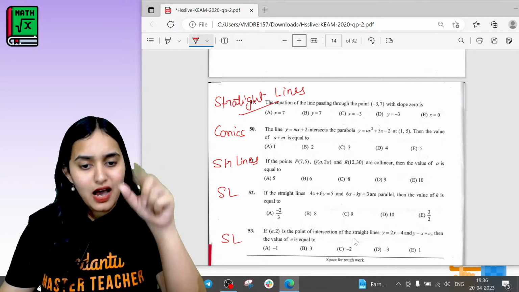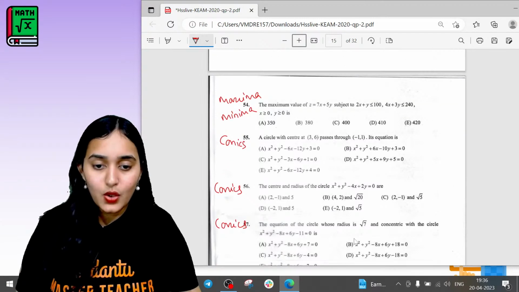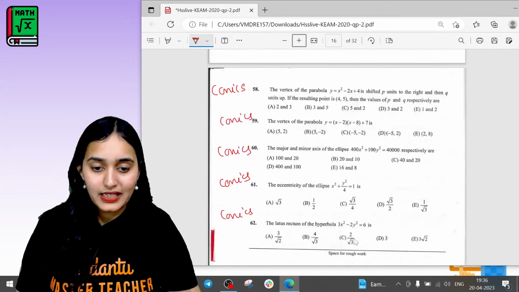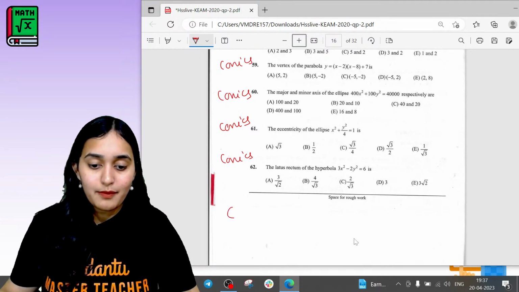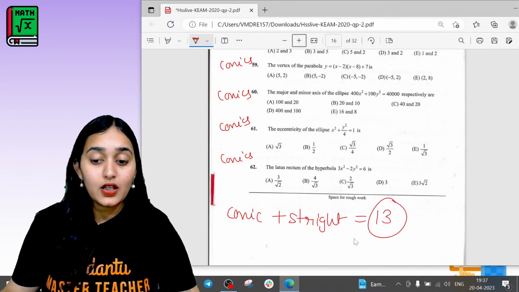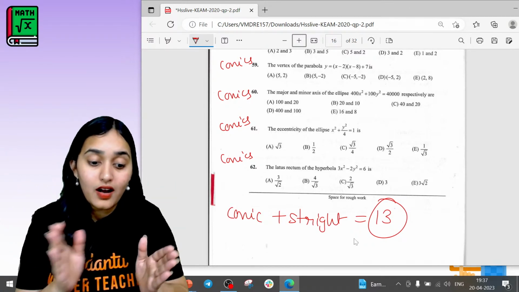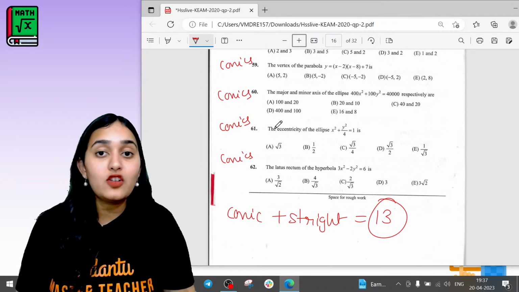Let's count how many questions come. 5, 6, 7, 8, 9, 10, 11, 12, 13. Oh my god. Combined together, conic sections and straight lines will be 13 questions. Quite a lot, right?